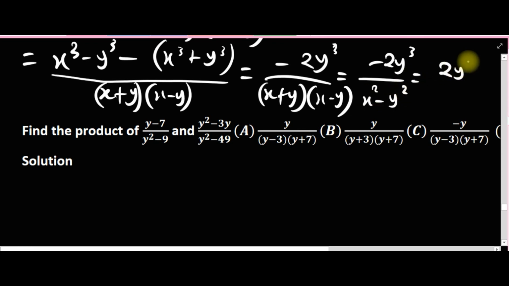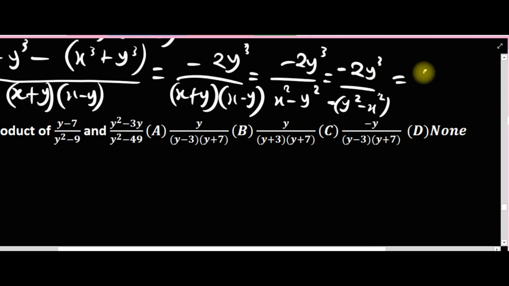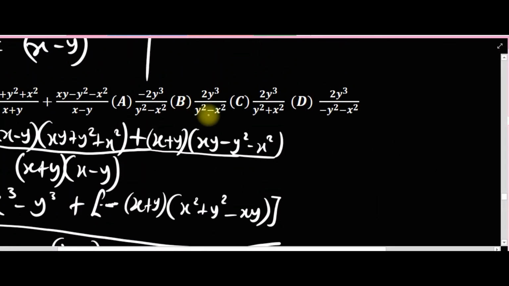We can bring out the minus sign, so it's now minus the bracket y squared minus x squared. If this is negative, this is negative, so negative divided by negative is now positive. So this is 2y cubed over y squared minus x squared. So the answer is B.